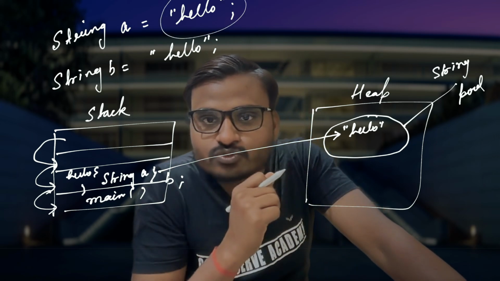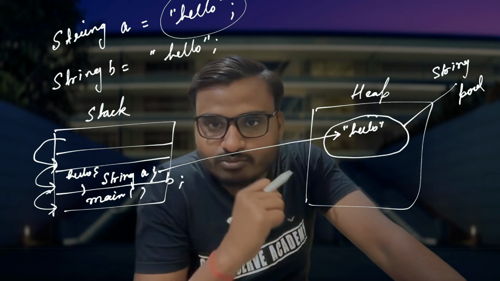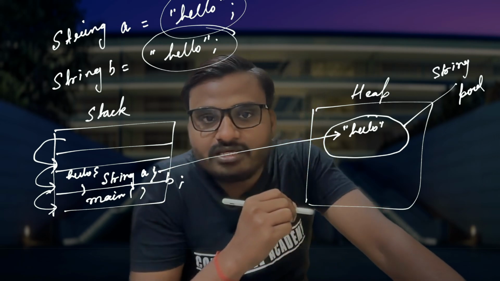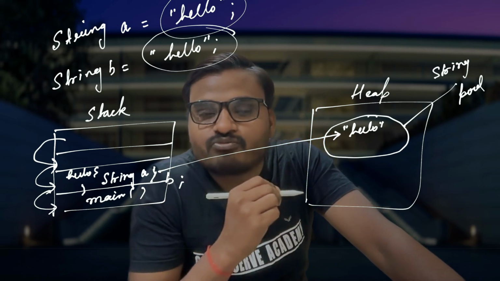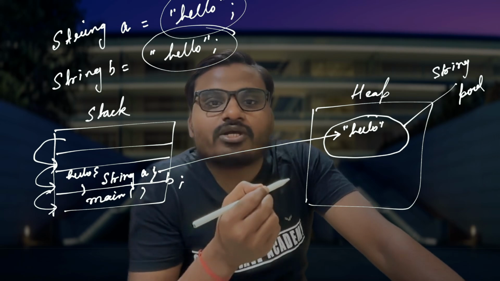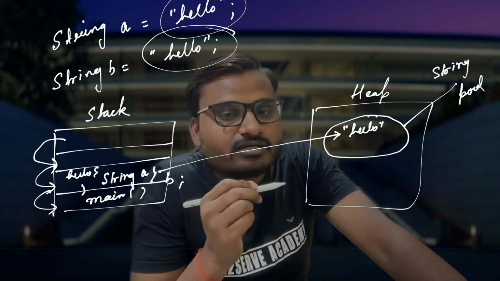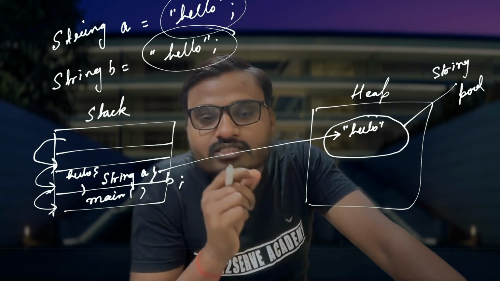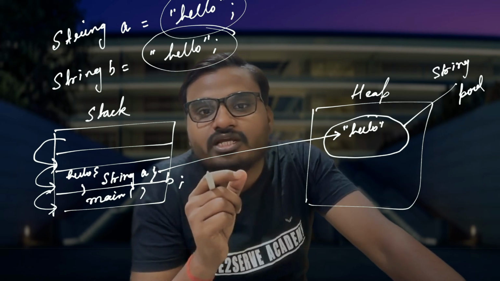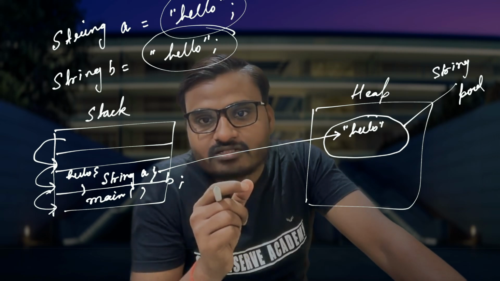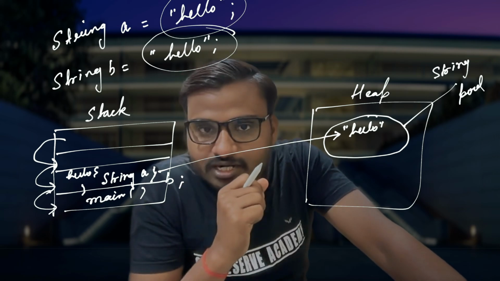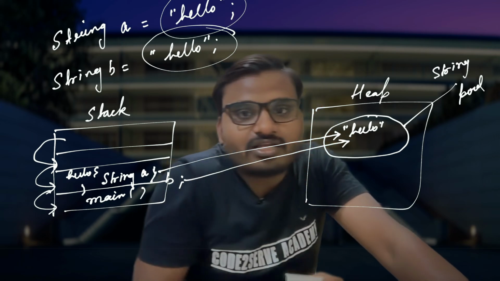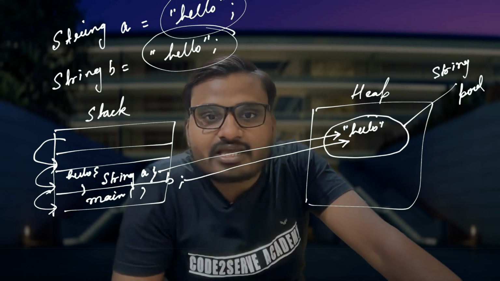So where is it going to be stored? It is going to be stored in the string pool. Similarly, I created one other variable b, and that value is also hello. Where is that going to be stored? It is also going to be stored in the string pool. But here, as hello is already present inside the string pool, Java is not going to create one more literal that says hello, right? Here it is going to point to the same value.